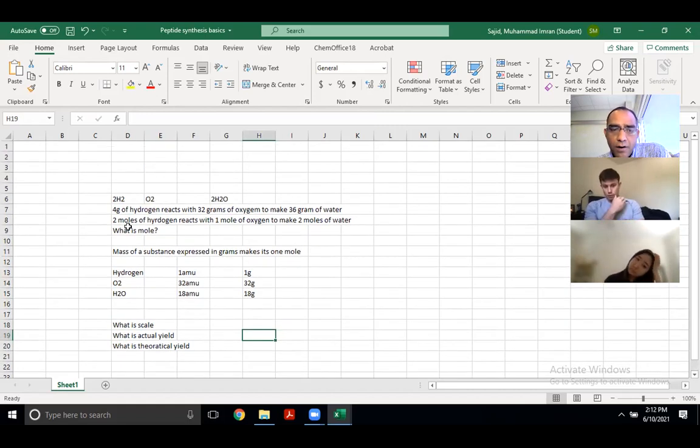If I say that I am making 2 moles of water, I will say that this is a 2 mole reaction. So the end product of a 2 mole reaction will be how much water?